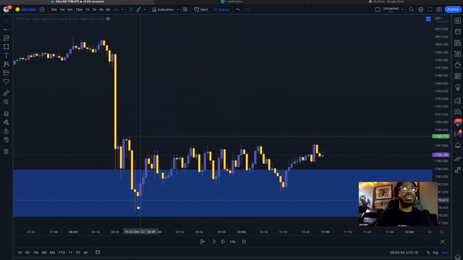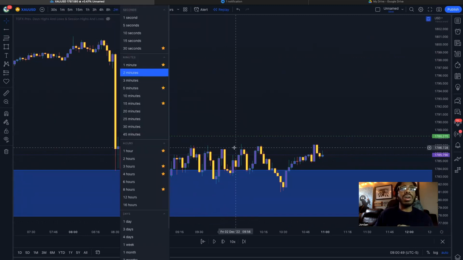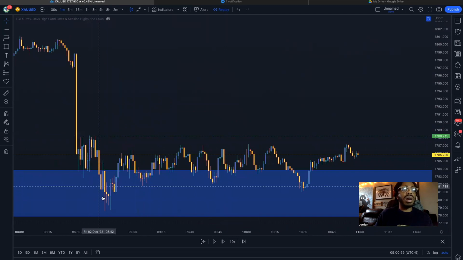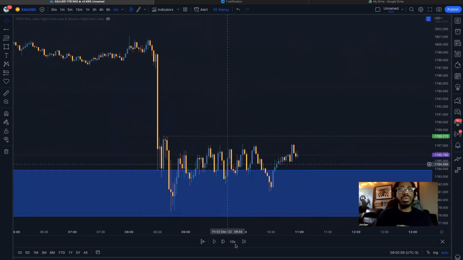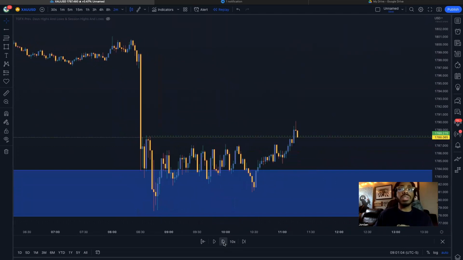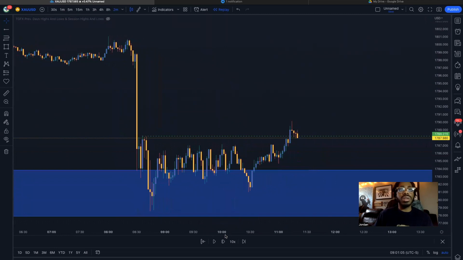If we look at this from this low, this is our high point. Even these highs are short-term highs. We click the 1-minute, and we can see this is the actual high from this low. Once price breaks above this and gives us a nice confirmation, we can get in for a buy trade. So we got that break above.